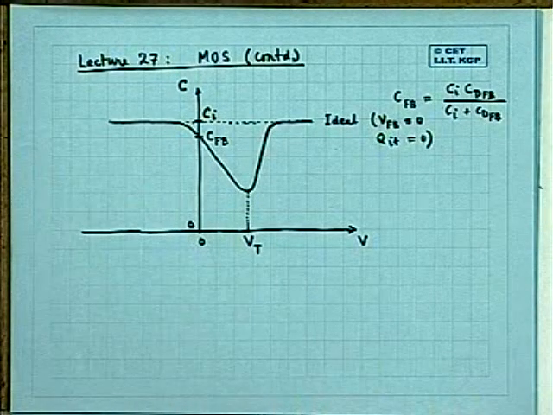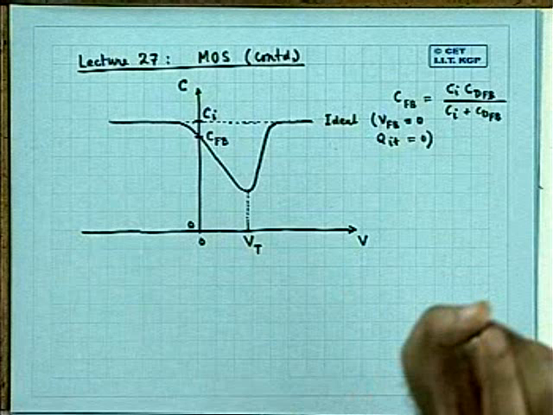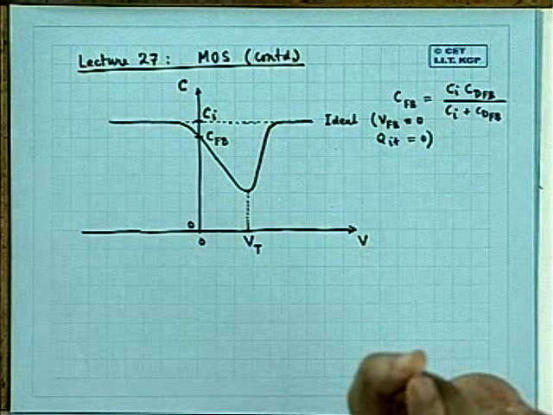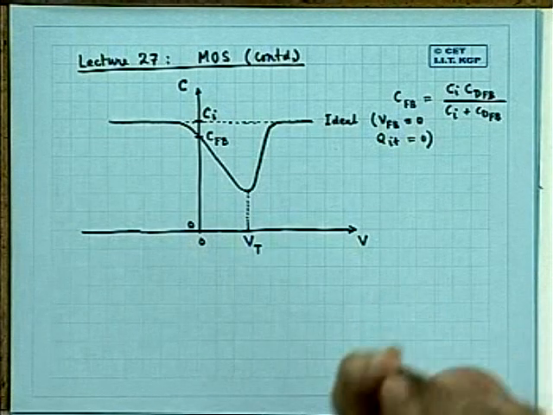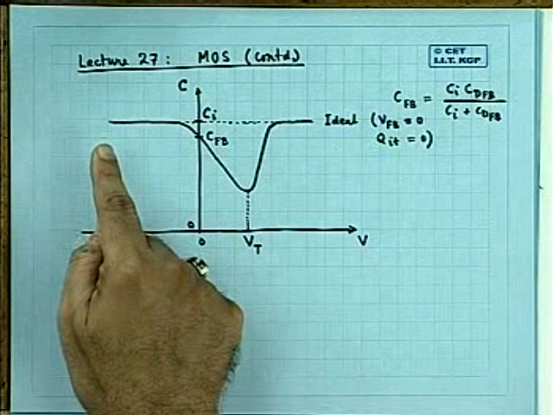Over and above the DC bias, you apply a small incremental voltage or a small AC voltage, then see how much the change in charge is. That delta Q by delta V is that incremental capacitance. So please remember, this is the plot of the incremental capacitance or AC capacitance versus voltage. It should be very clear in your mind.